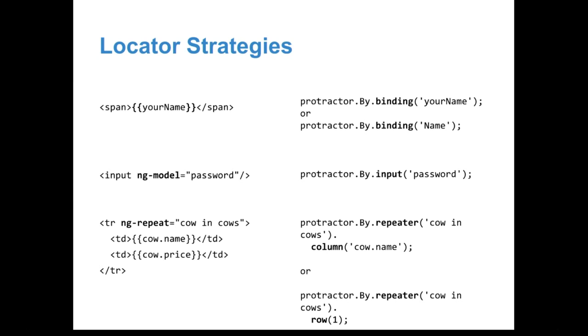So here's a couple of locator strategies that Protractor adds. For that great mustache notation, you have bindings, which also searches by partial match, so you don't have to perfectly include any filters or anything that you've had on your bindings. You can grab it by input, and you can also grab repeated elements by row and column, and by both row and column if you want to get at a particular cell.